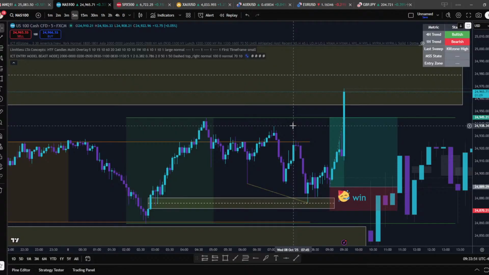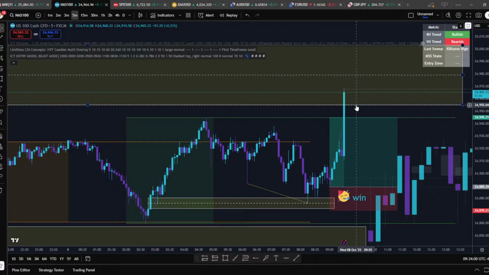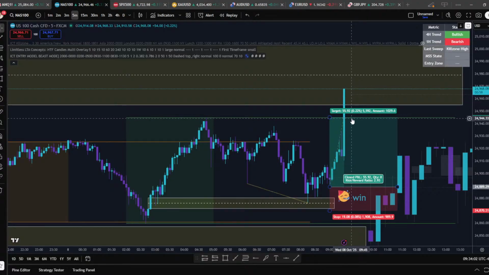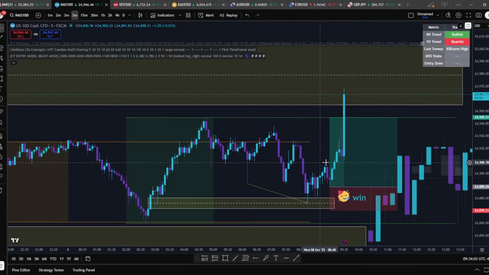Okay, those that held runners, it's inside the higher time frame value gap. But this would have been our win for the day if we took it.